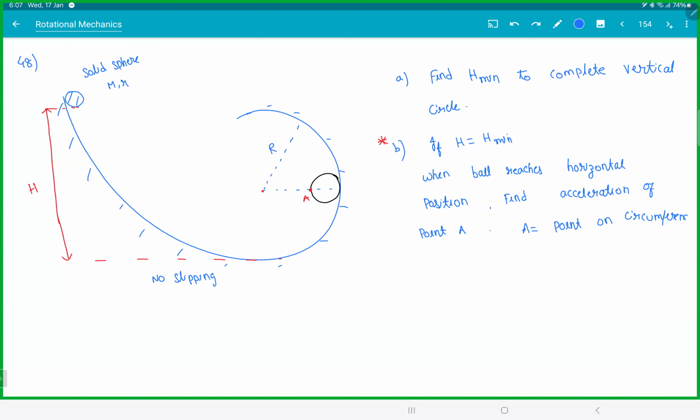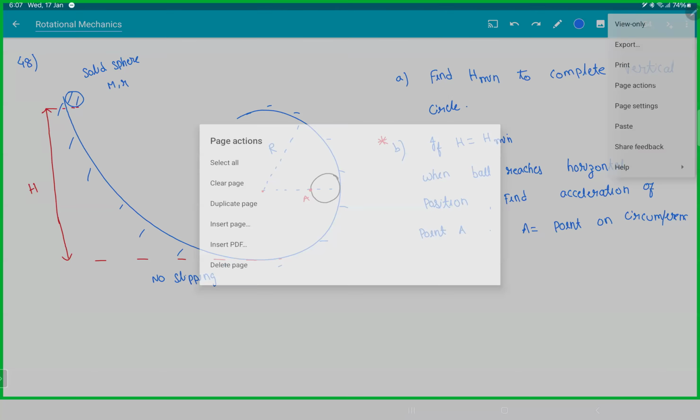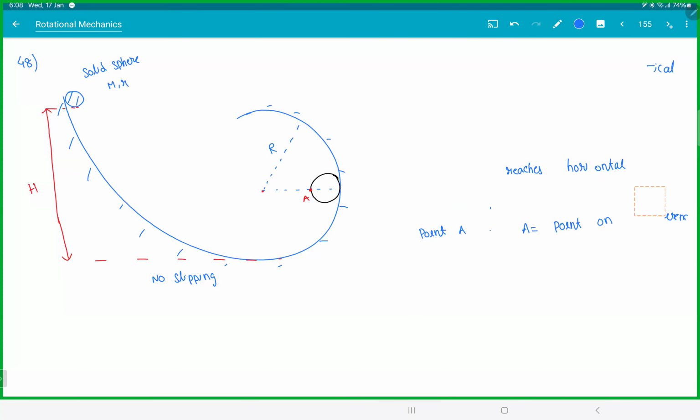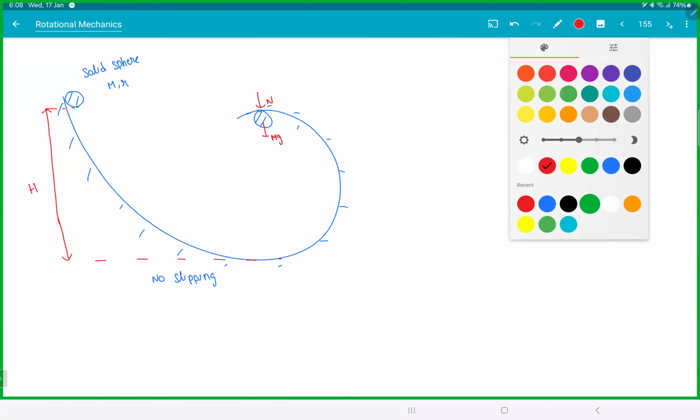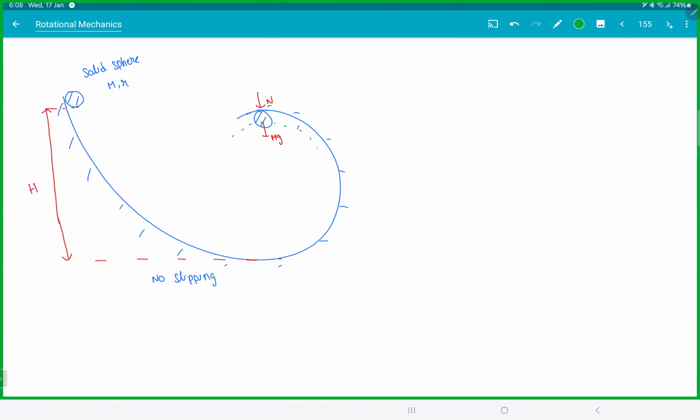Yeah, 7R by 2. See, step one. When the ball reaches the highest position, what are the forces? Normal reaction, your own weight. The center of mass is going in a circle.